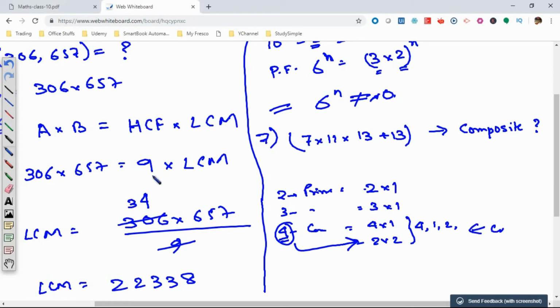So for this one, we will check whether it is composite or not. Let's take this number 7 into 11 into 13 plus 13, and make 13 common.